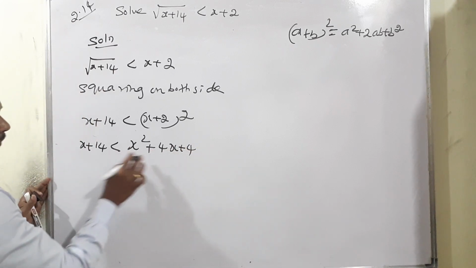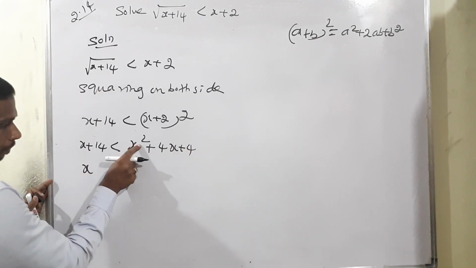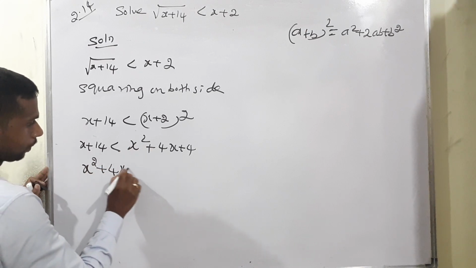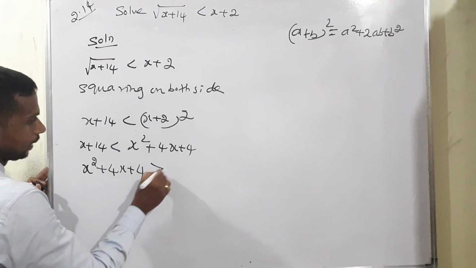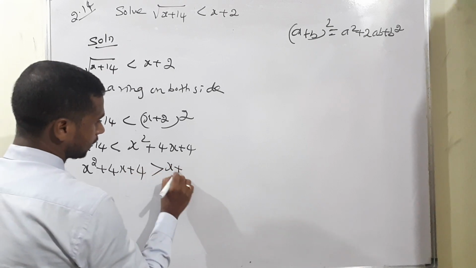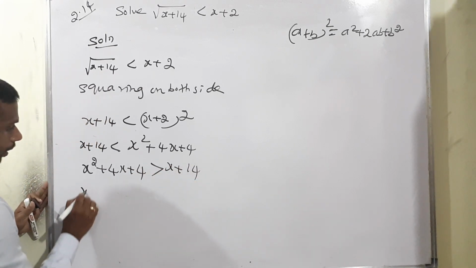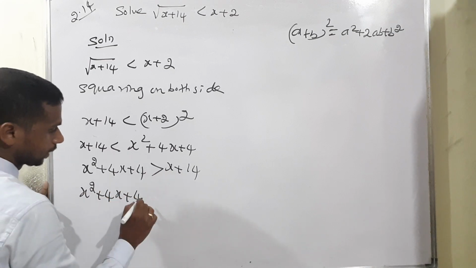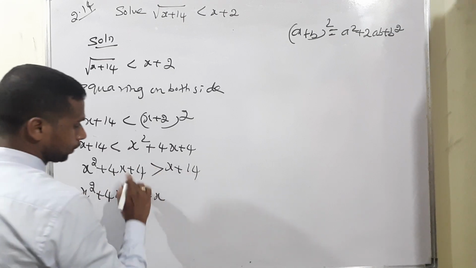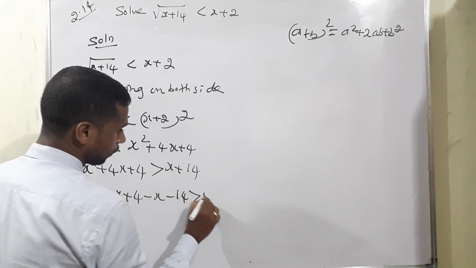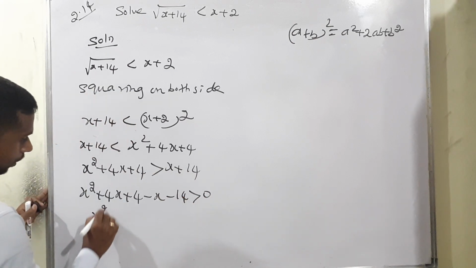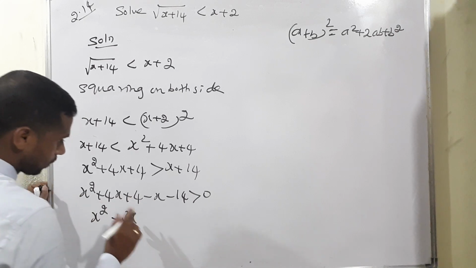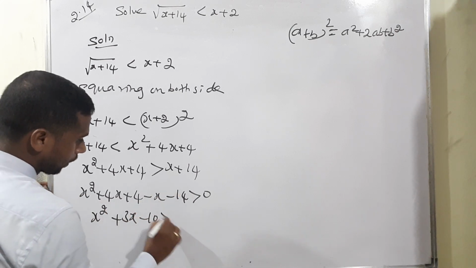Now interchange sides. The x square is bigger, so bring everything to the opposite side: x square plus 4x plus 4 minus x minus 14 greater than 0. Now x square plus 4x minus x means plus 3x, and plus 4 minus 14 means minus 10, greater than 0.